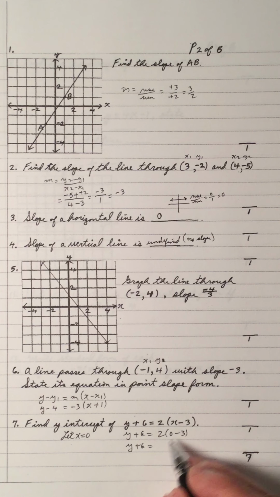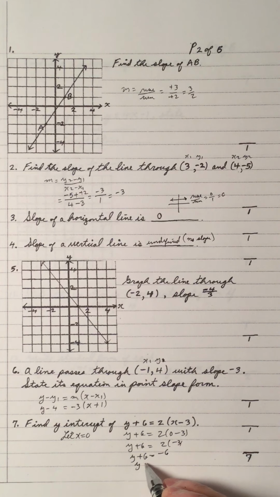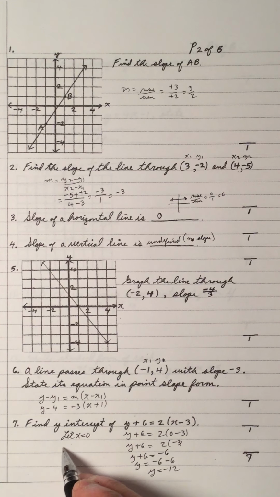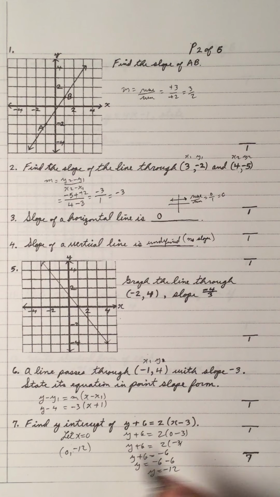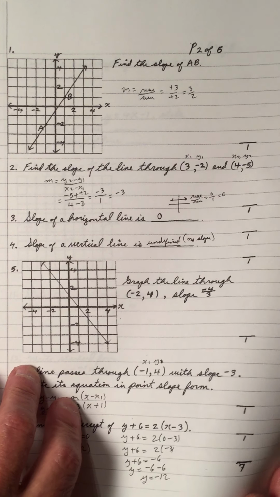So 0 subtract 3 is negative 3, so y plus 6 equals negative 6 when you multiply. And you move the 6, which is plus, to the right side. So y equals negative 12. So the y-intercept is negative, and the coordinates are 0, negative 12. So the y-intercept is negative 12. Don't forget to score. How many did you get right?